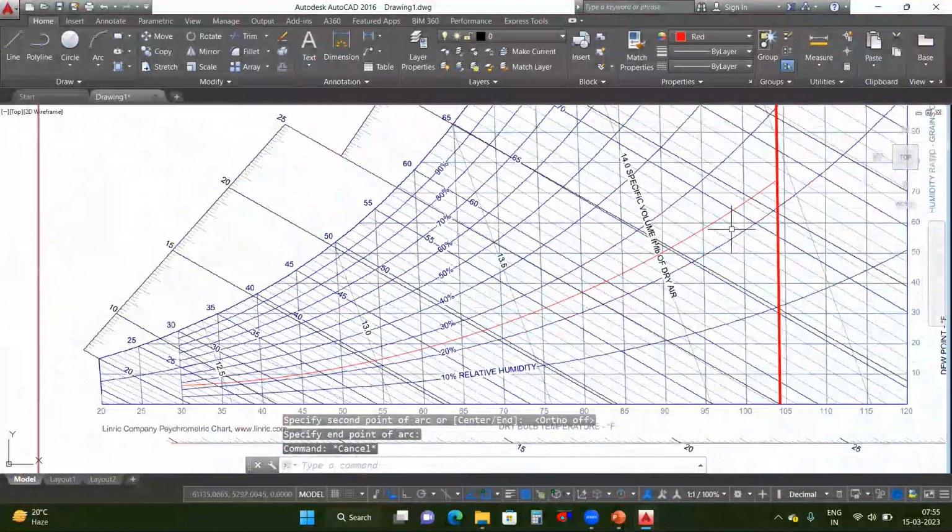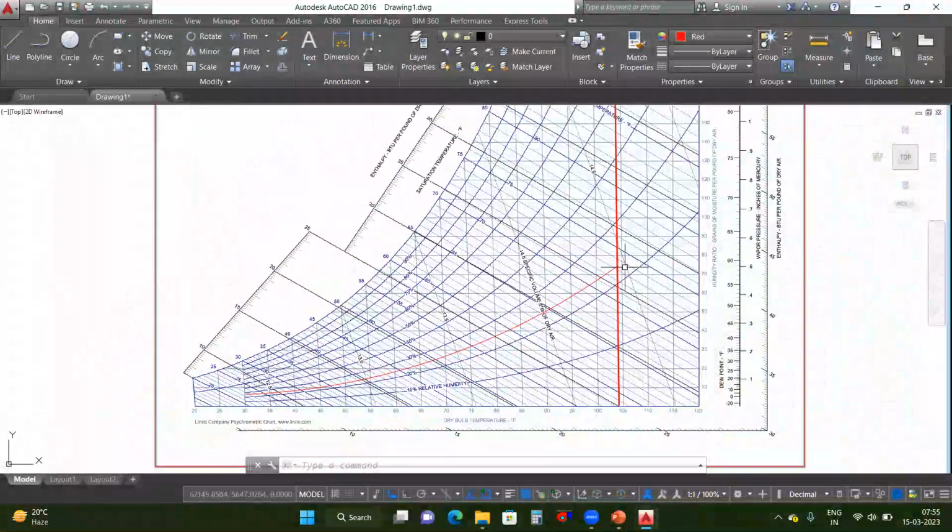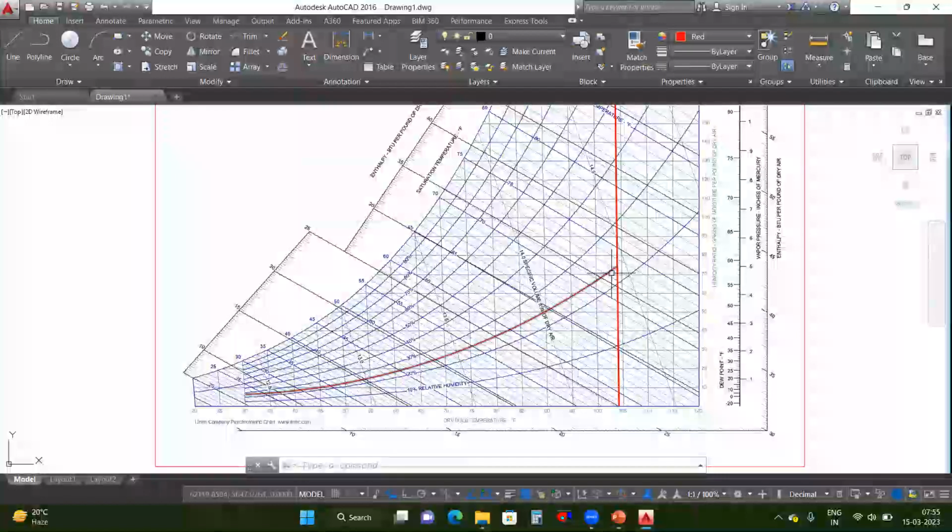If you see, these two lines are meeting at this point. So we can find out the rest of the properties of air by using these lines.